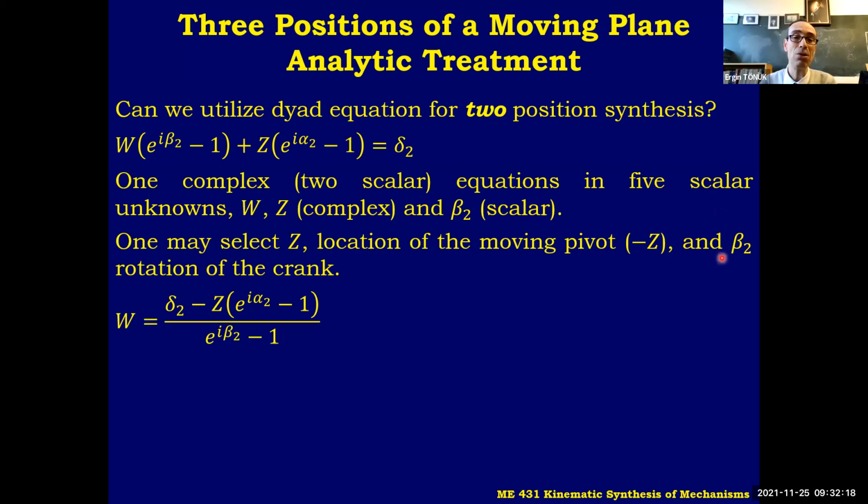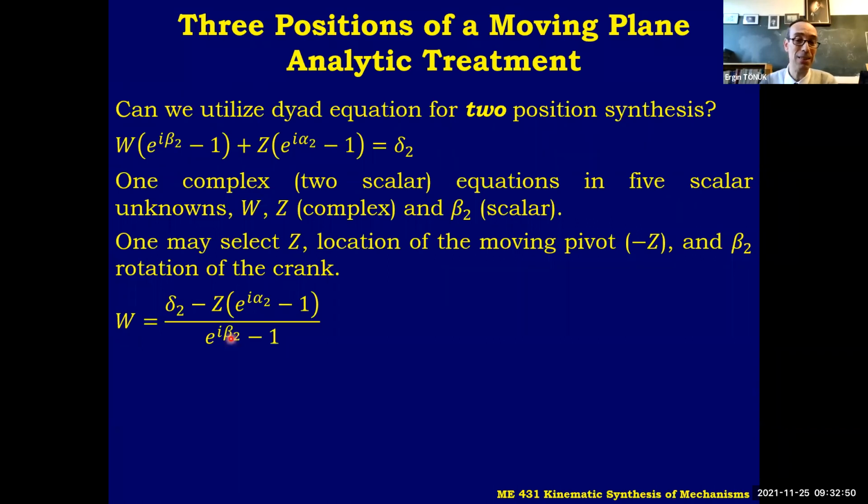And we can also select how much crank rotation we want. Then W, the complex number, has a simple solution like this. And it's going to give you a unique W vector, but remember, you have selected 2 free parameters for that and 1 free parameter for the crank rotation. So still 3 free parameters.